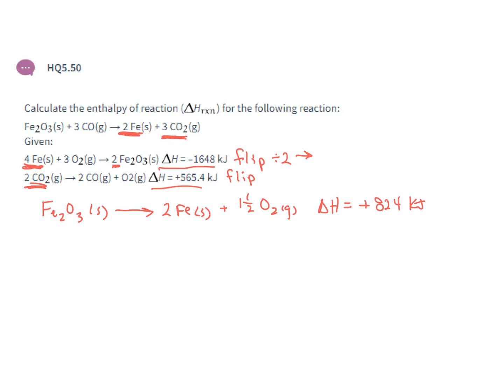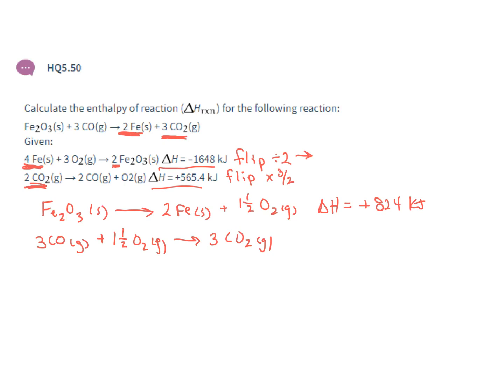So I need to multiply the whole reaction by 3/2. If I flip the reaction and multiply by 3/2, I'm going to have 3 carbon monoxide gas reacting with 1.5 oxygen gas to produce 3 carbon dioxide gas.